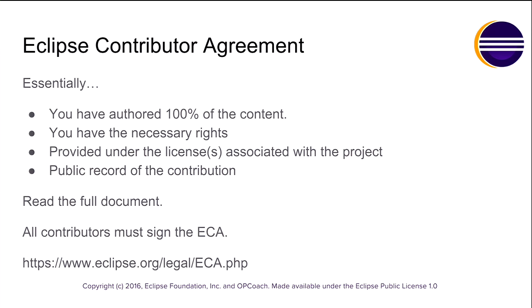And then, of course, you have to agree that there will be a public record of the contribution. Any contribution that you give to an Eclipse project has your name and email address on it. That's just a function of the way Git works more than anything else.